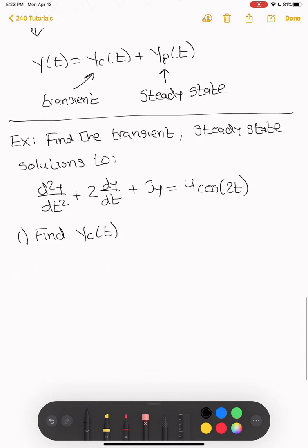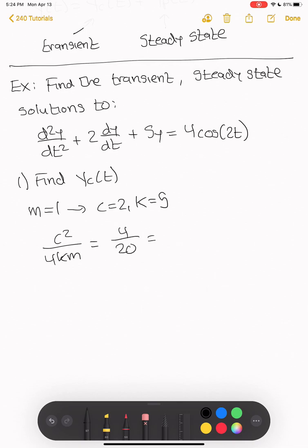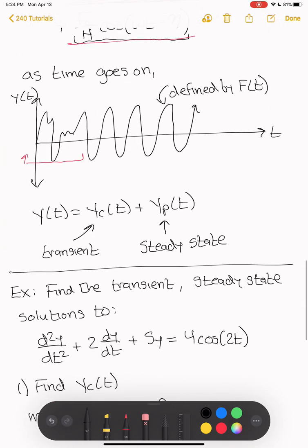All right, so again, using the trick where I just set m equal to 1, I have c equals 2 and k is equal to 5. So c squared over 4km gives me 4 over 20, which is a fifth, which is less than 1. So I go up to my table or to my cheat sheet, and I say, okay, I have underdamping. This is the solution I need.